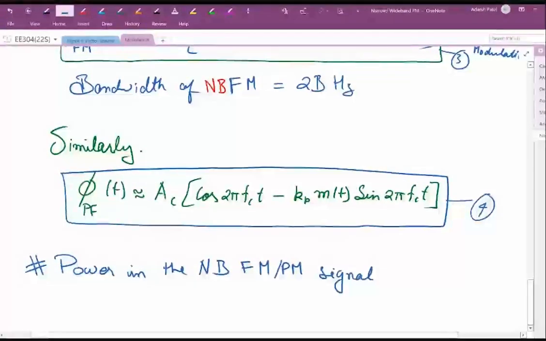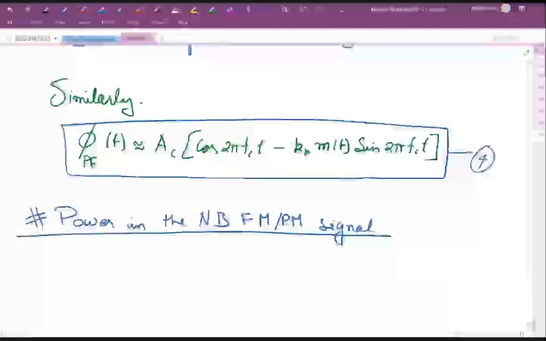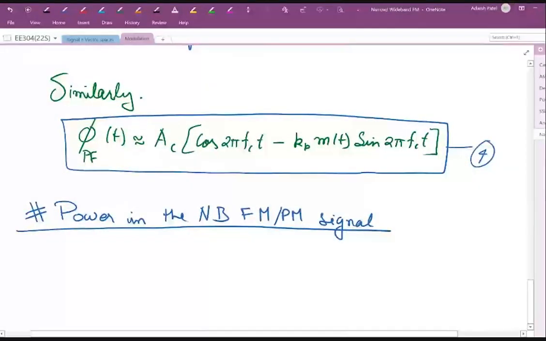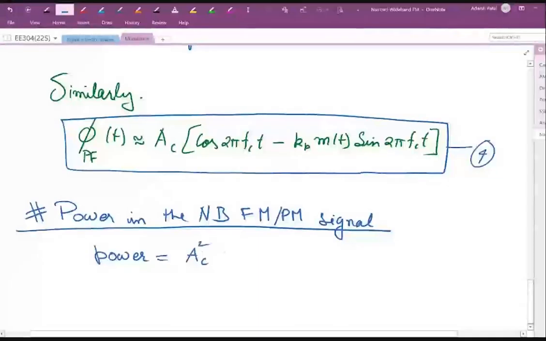If I do the square of the signal and then do the integral of that in a particular cycle, what should I get? What is the power? I'm not going to solve this; you have to solve it. It is just mathematics, nothing more than that. The power in this signal would be AC square by 2.